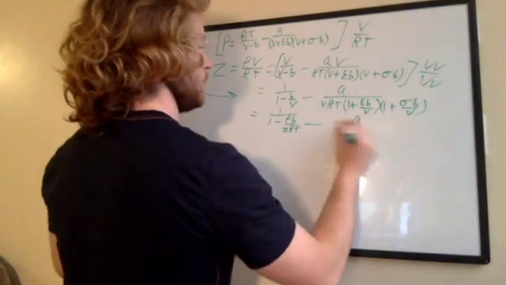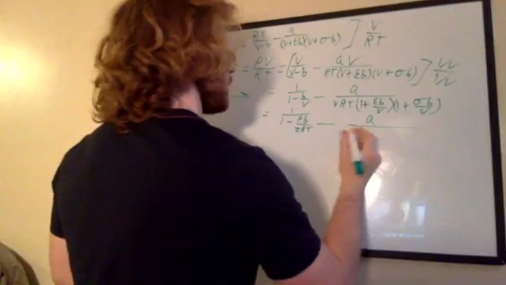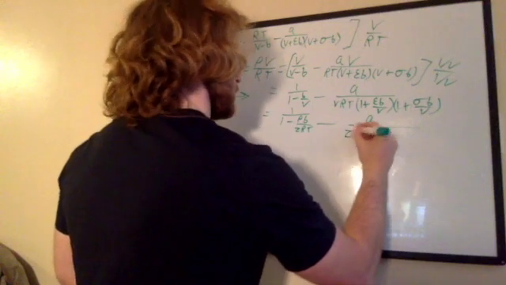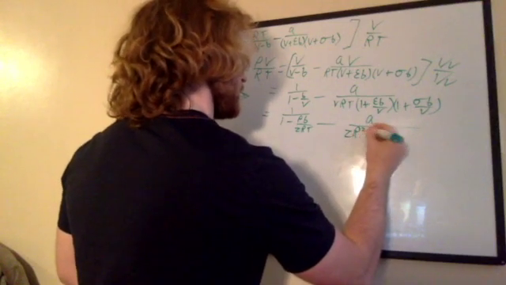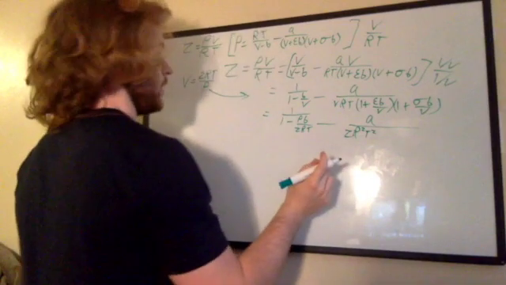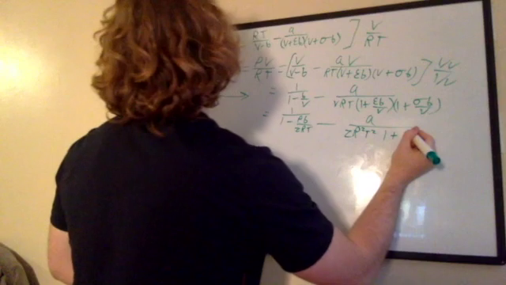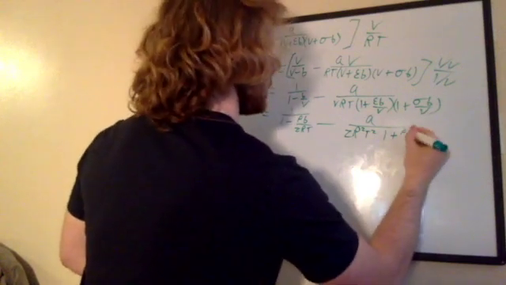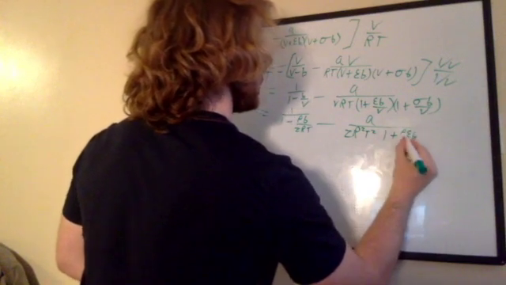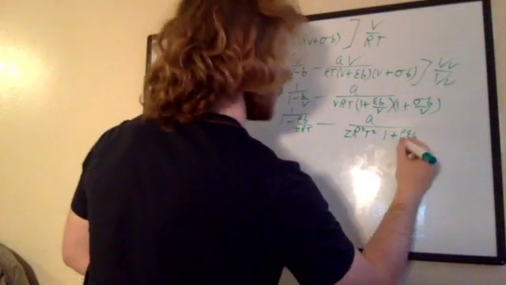And that's going to be equal to, that gives us z R squared T squared. And then over here we get 1 plus p epsilon b over zRT.